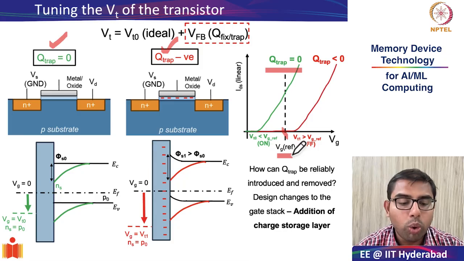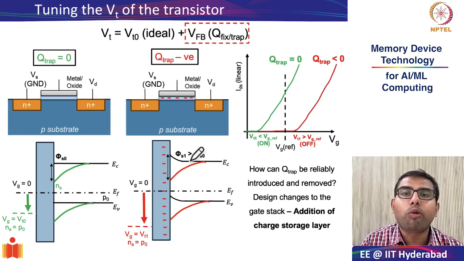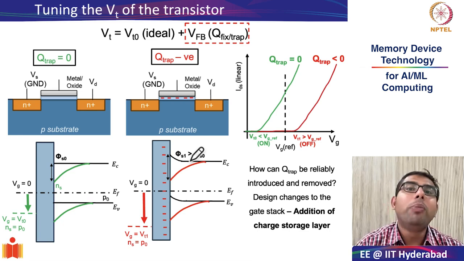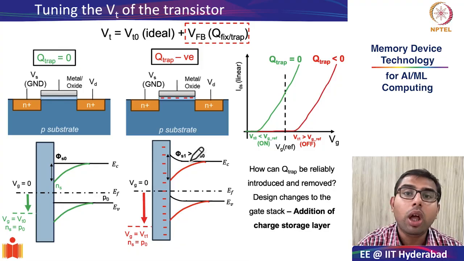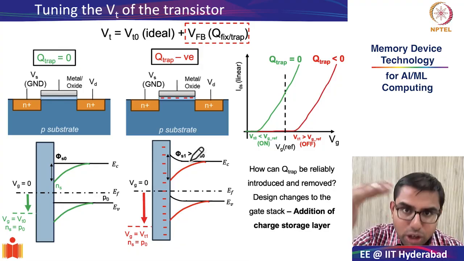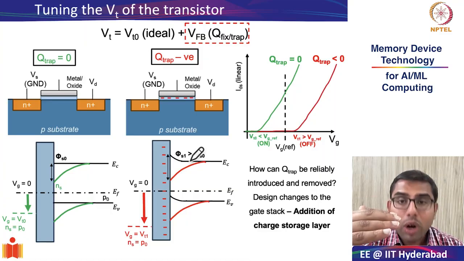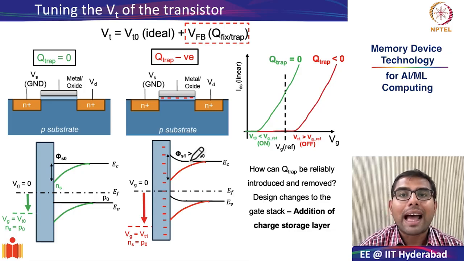And if you have negative trap charges, an extra gate voltage needs to be applied to overcome the accumulation of surface charges induced by the negative trap charges. Then you come to flat band voltage, and only after that can you reach the condition of having the surface completely inverted.